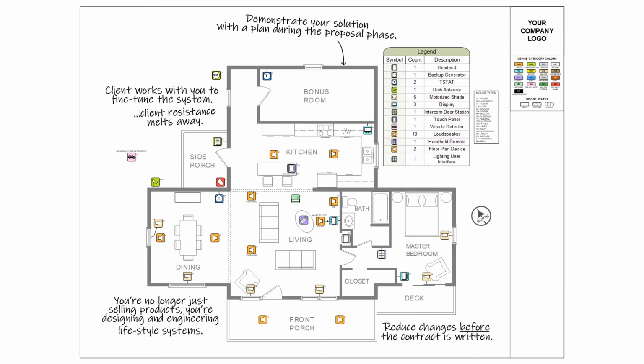Symbols can also show status, such as new or existing, which are client-furnished devices, or future devices where only wiring is to be installed. Where and how the devices are mounted, such as wall or ceiling mounting. They can even show the exact recommended heights above the finished floor.